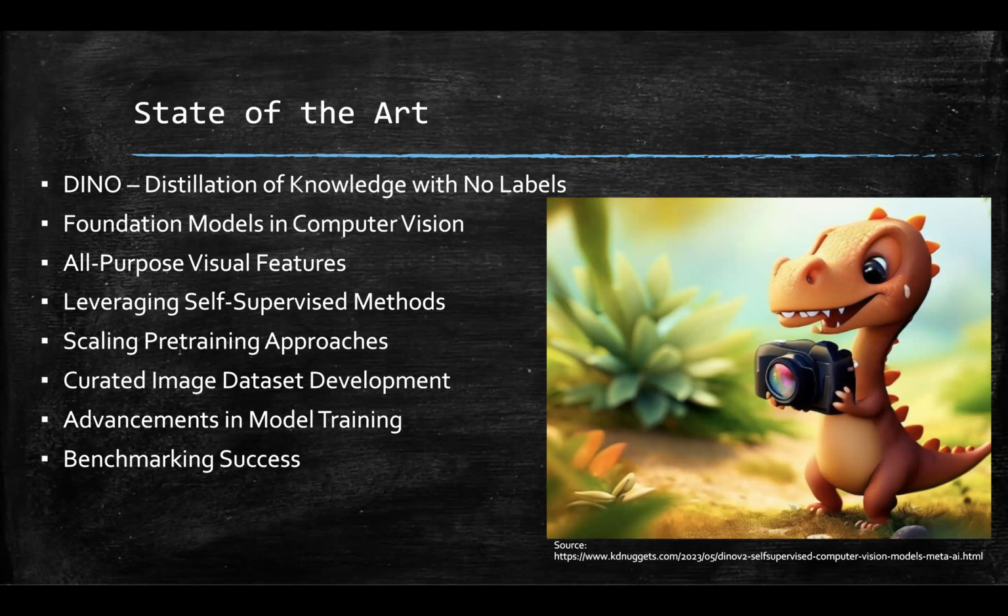These models are expected to produce visual features that are immediately applicable to any task, whether at the image level, such as image classification, or at the pixel level, like here in depth estimation and also in segmentation. Here in the notes I have some details, but I will skip that because it is not enough to understand this model. So I will refer you to read this paper if you like.